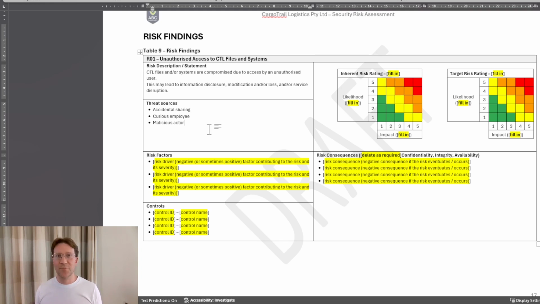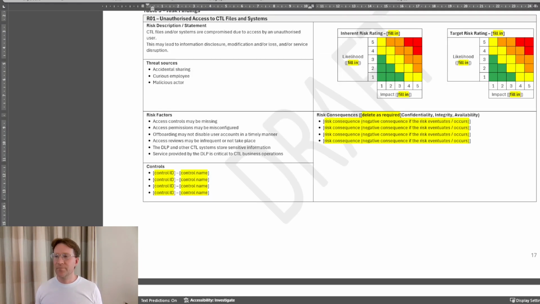So it all originates with the malicious actor. So these are examples of threats that could apply to other risks as well, but it was just a good way to start out with this first risk that you will find in a lot of companies, a lot of situations, the risk of unauthorized access.